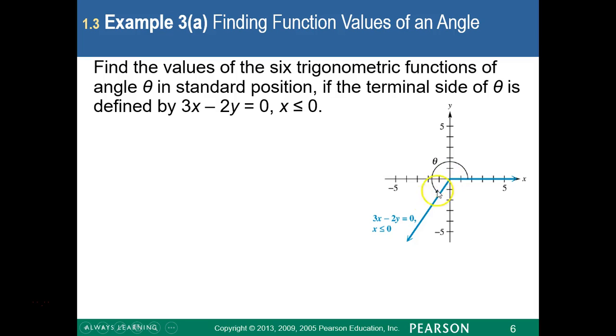So here's the drawing of our line. And yes, this line will continue through here, but that's where this comes in. It wants all the values that are less than 0. So this is the portion of the line that it's talking about. These are the values that are less than 0, not greater than 0. So this is the angle that we come up with.